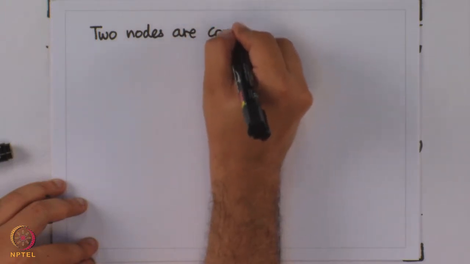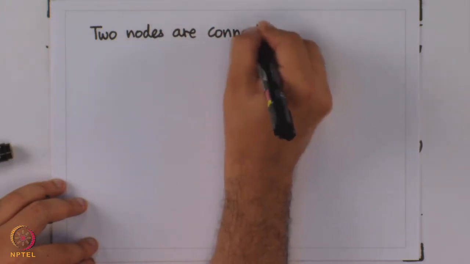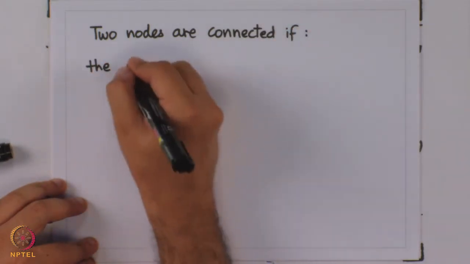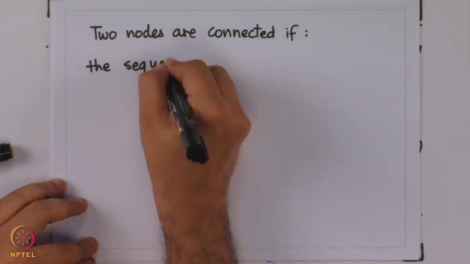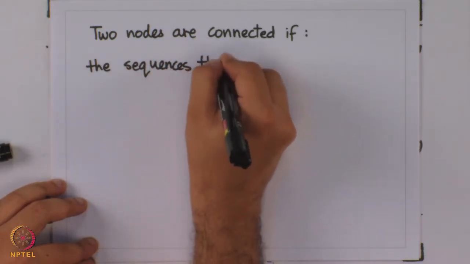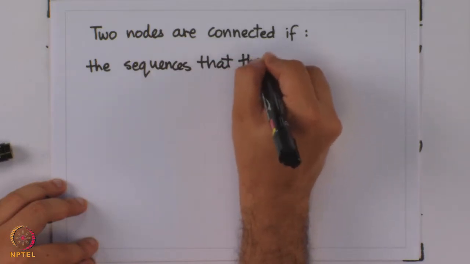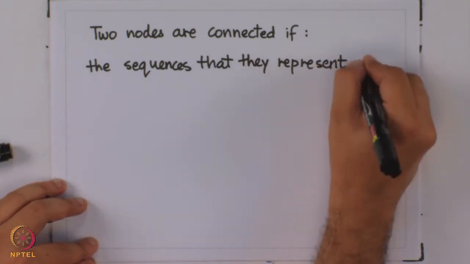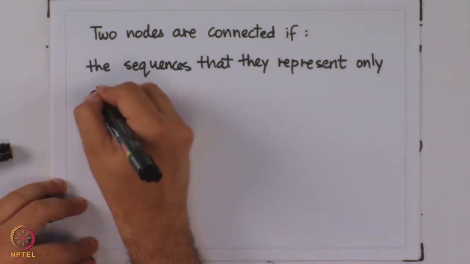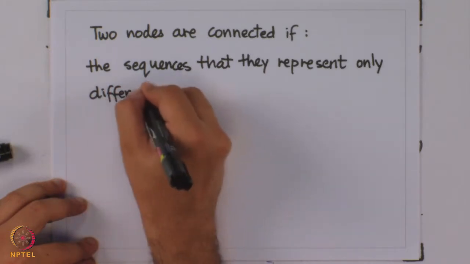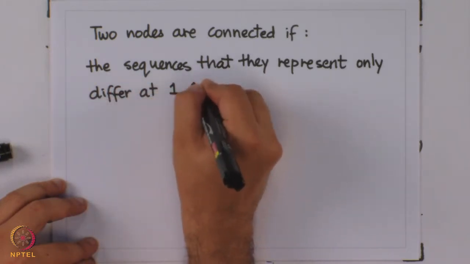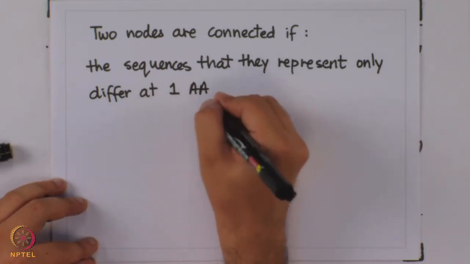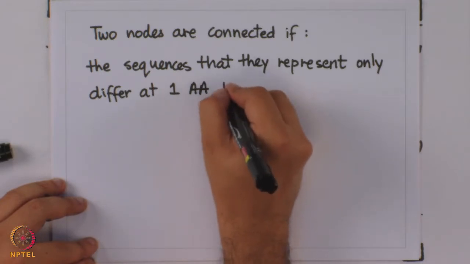protein sequence spaces, two nodes are connected if the sequences that they represent only differ at one amino acid, at a particular position, only differ at one amino acid location.